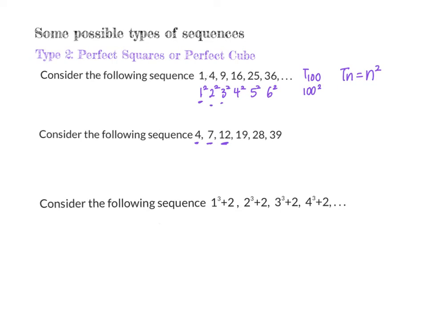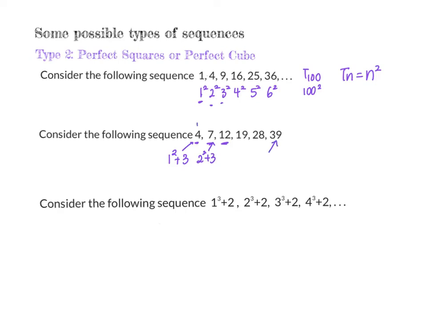Oh, let's observe. I have 1 square plus 3. That'll be 1 plus 3, which gives you the number 4. For 7, I get 2 square plus 3, which is 4 plus 3, 7. What do you think will be this term?